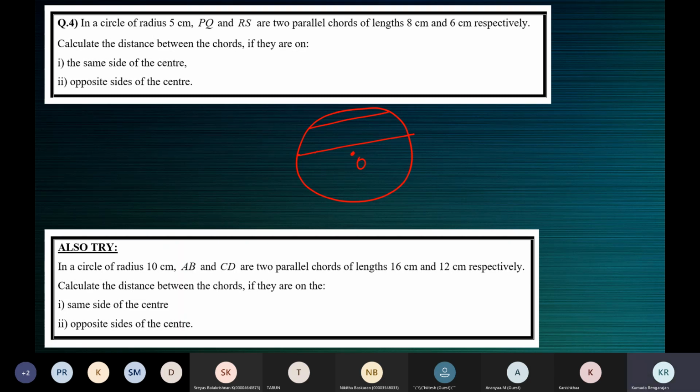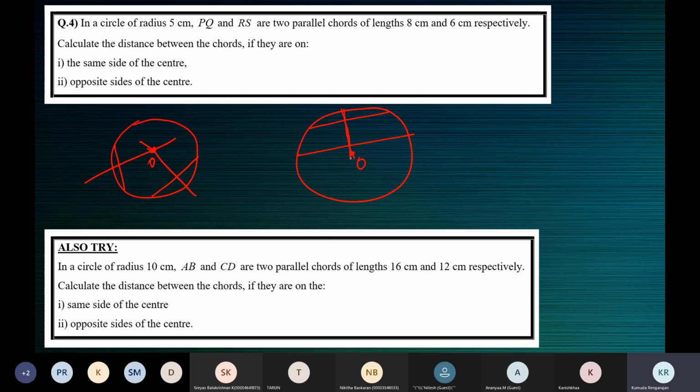The perpendicular bisectors of two non-parallel chords will intersect. Now, if you take this one and this one, these are not parallel chords. So their perpendicular bisectors will intersect at the center. But when the chords are parallel, their perpendicular bisectors will coincide.